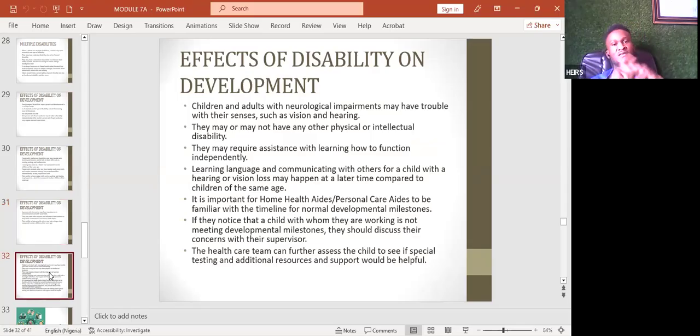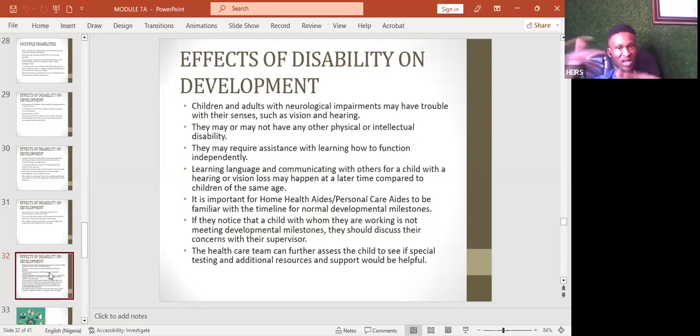For children that have neurological impairments, they may have trouble with their senses, like vision, hearing, tasting, feeling. So they don't feel, they don't taste well.